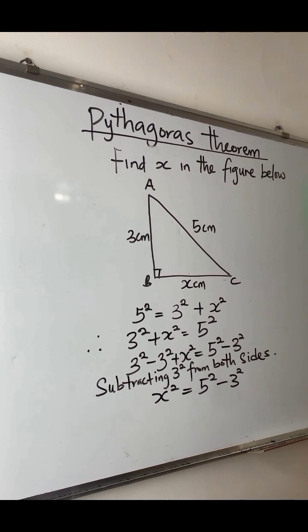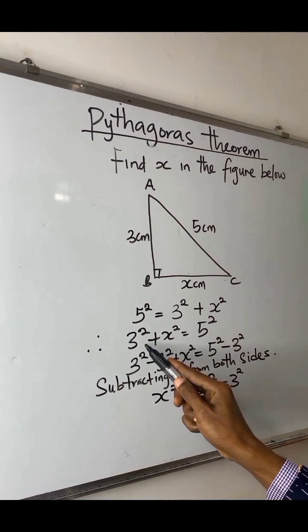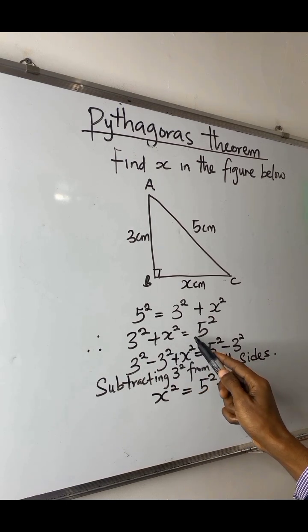Like I said, it makes more sense mathematically to leave any unknown at the left-hand side. It's presentable that way. All right, so let's continue from where we stopped. So we have 3 square plus x square, or x square plus 3 square, is equivalent to what?